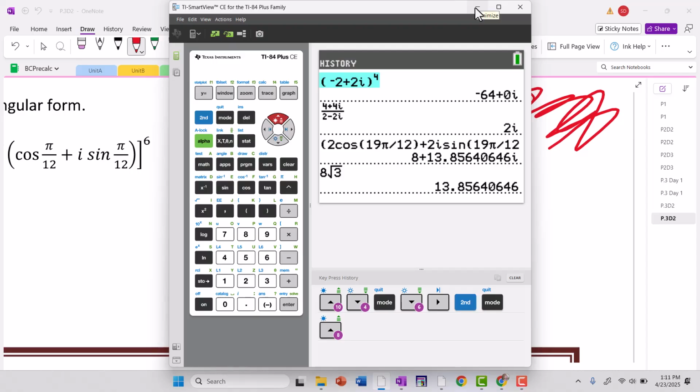Did it work? Did yours work on that one, or did it get an error again? Did it give you negative 64 plus negative 1 point blah E? That's 0. That's just scientific notation for 0.